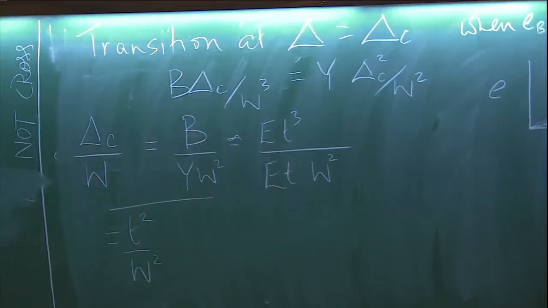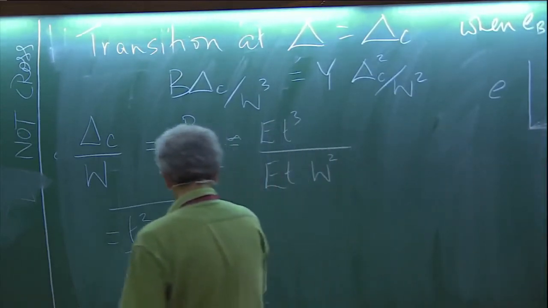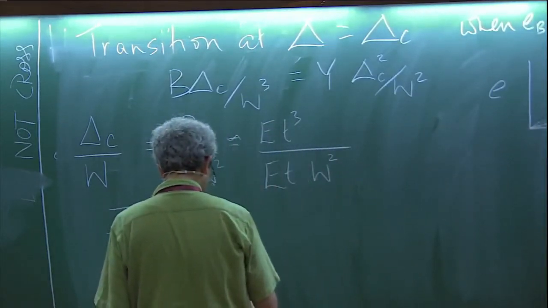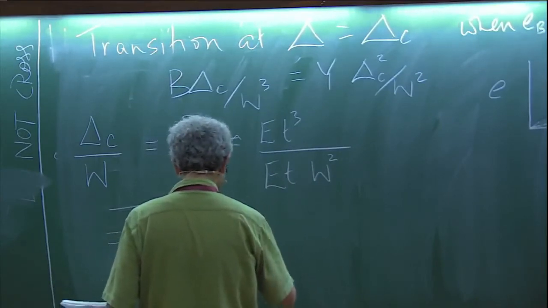But the point is that this is purely geometric. It doesn't matter whether you make your ruler out of steel or plastic, it's going to buckle at the same displacement. Okay? E cancels over here. Right? And 1 over this thing is called the von Karman number.